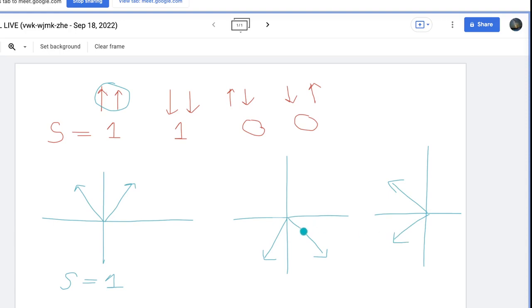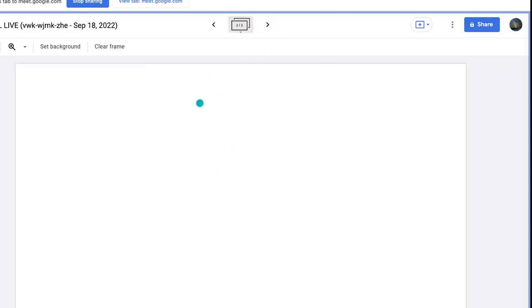So there are in total 3 different arrangements for the triplet, and for the singlet it will be for S equal to 0.